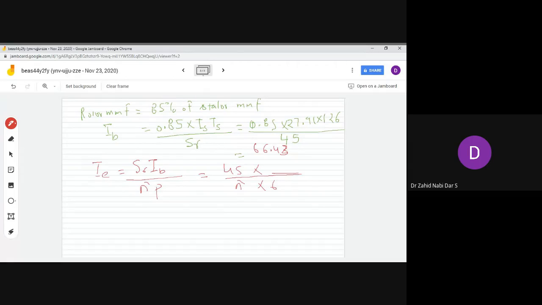Okay, so how much are you getting for the IE value? IE is 155, sir.